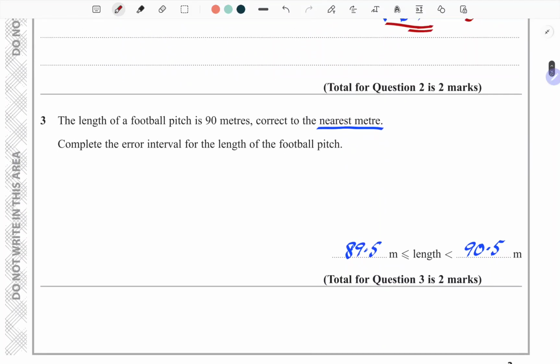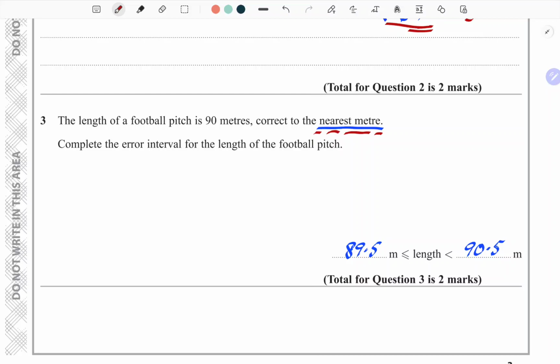Right. Number 3. Length of a football pitch, 90 meters, correct to the nearest meter. All right. That's important. The error interval, if it's completed the 90 meters is like nearest a whole meter, then the maximum it could have been is like a shade under 90.5.